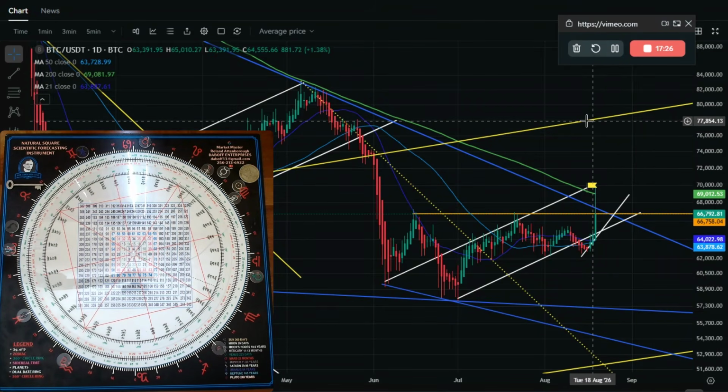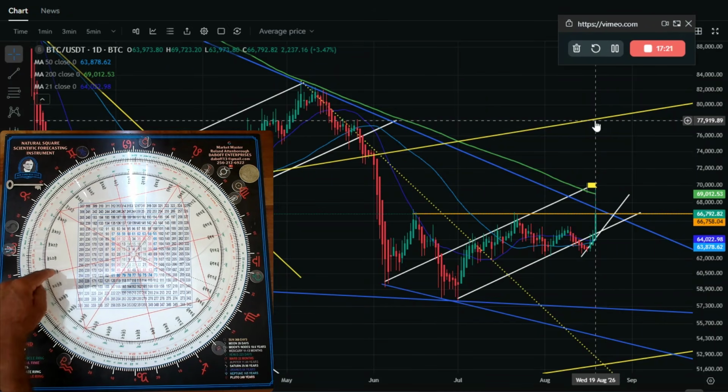And why is this particularly an overhead resistance level? Okay, let's take a look at it. I've moved the zero marker here to October 5th, and this represents 360, 720, or two circles. All we're doing is taking a circle and adding it on there.